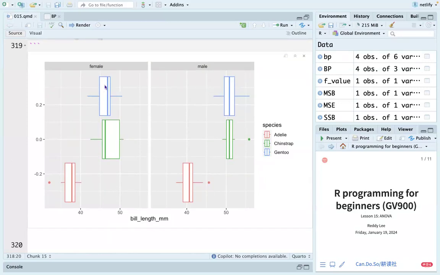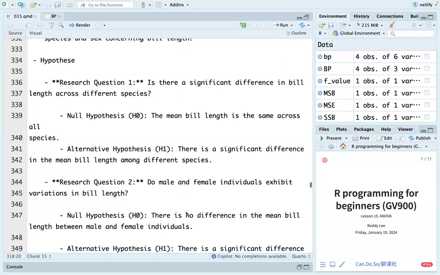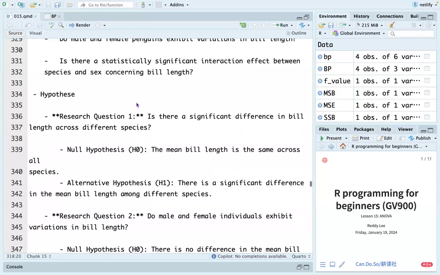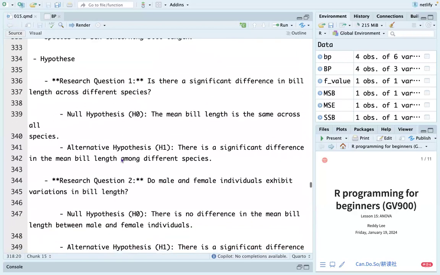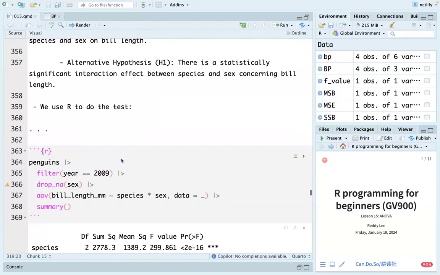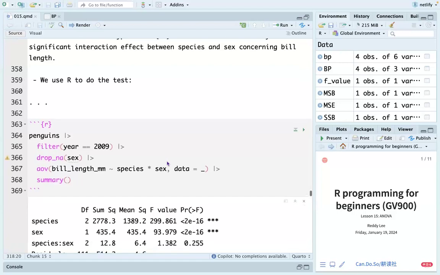Which means, is this one different to this one? Or this one different to this one? So in each question, we have a hypothesis. And we use R to do this test.